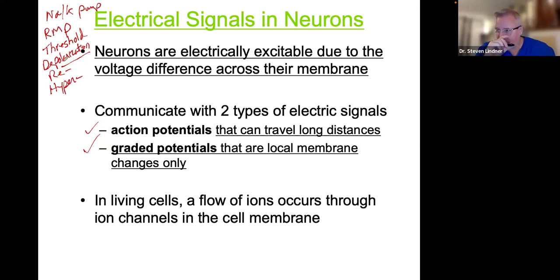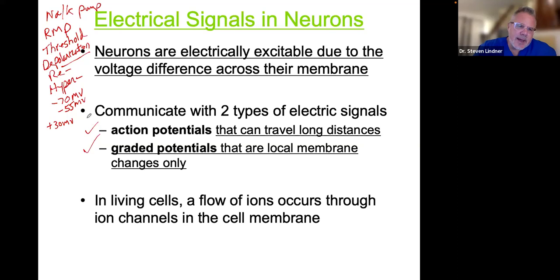What else will we mention? You're going to hear numbers like minus 70 millivolts, minus 55 millivolts, positive 30 millivolts. These are terms that you're going to be hearing. I think that's a pretty good start.